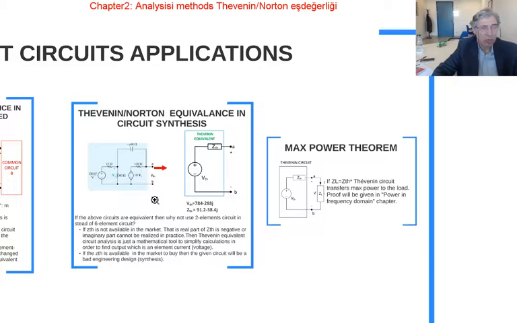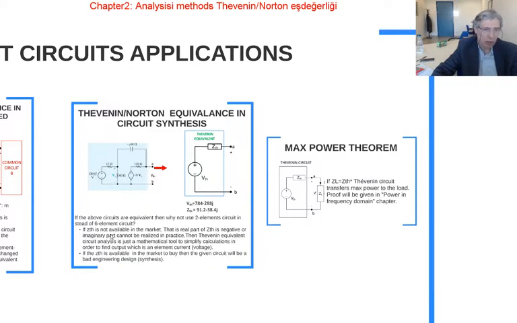So you're going to repeat the seven-element circuit each time. But if you calculate the Thevenin equivalent circuit once, for each load you're going to use the same formula. That is the advantage of it.